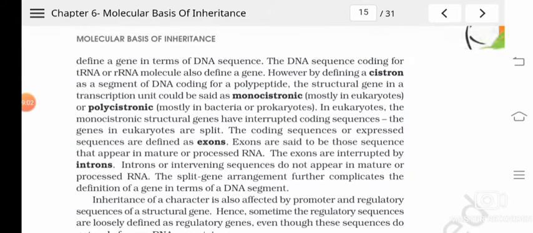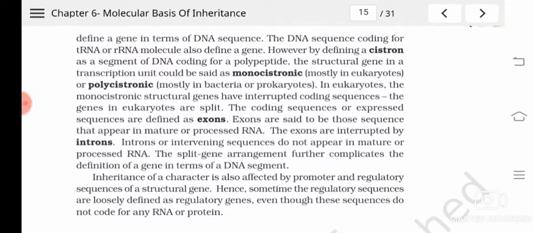So what we have studied now is the cistron. A cistron is a segment of DNA that codes for a polypeptide, and it can be polycistronic or monocistronic. Monocistronic is seen in eukaryotes, and in prokaryotes it will be polycistronic, where many polypeptide chains can be produced by the same cistron.